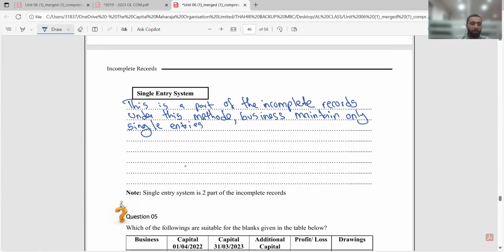Usually, business maintains single entries on the following.